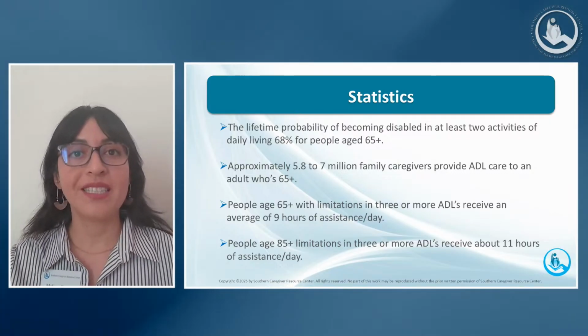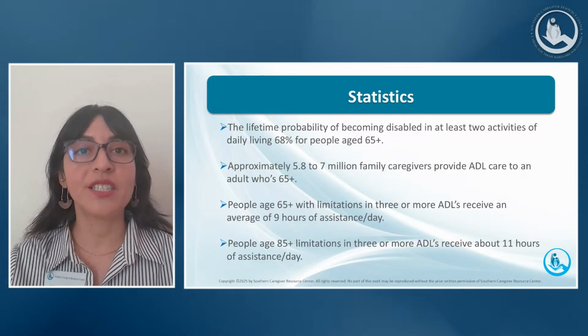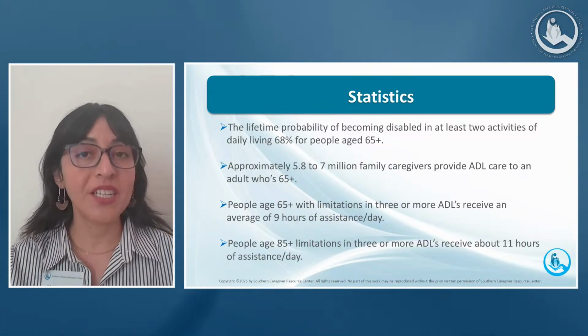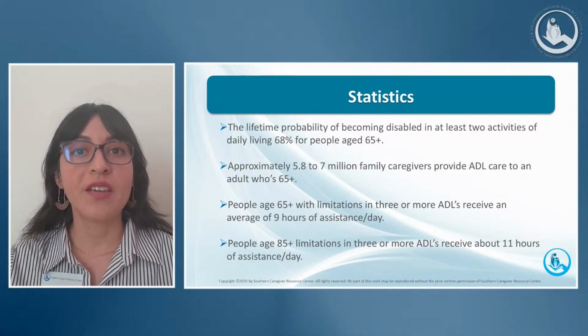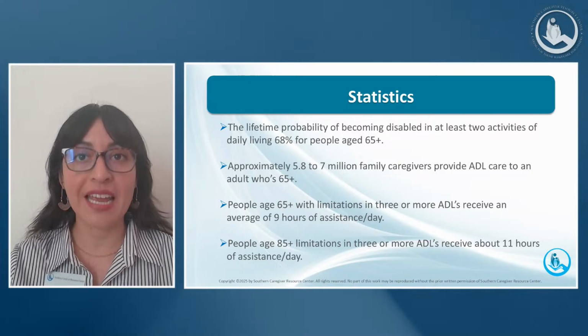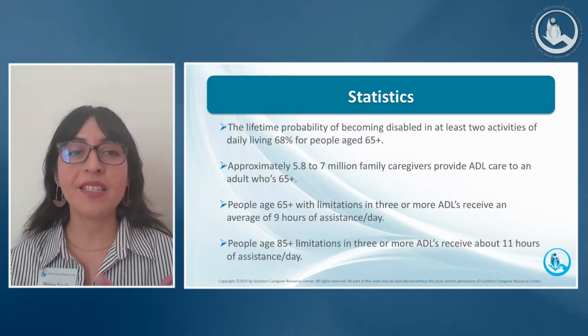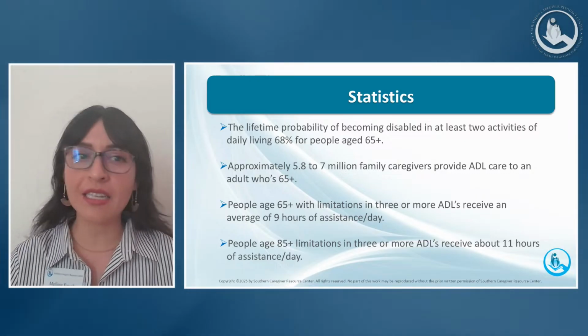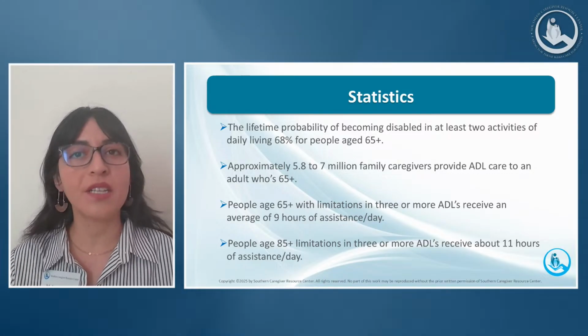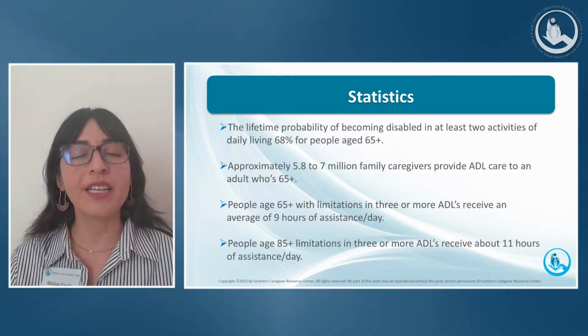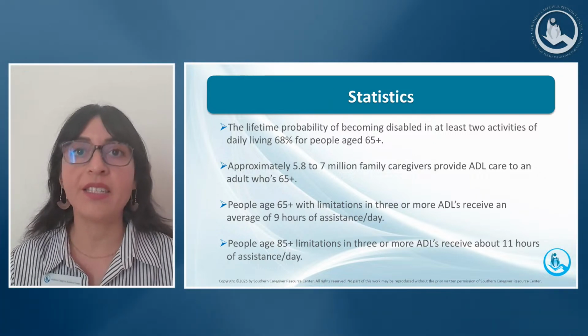Now, the third point says that people age 65 and older with limitations in 3 or more activities of daily living receive an average of 9 hours of assistance per day. So maybe this point isn't necessarily as clear right now, especially if you're new to the term activities of daily living. We will expand on that.